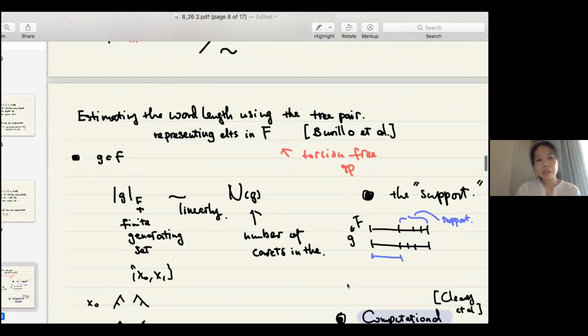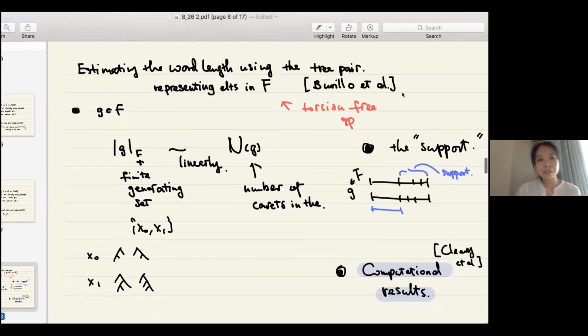I'm going to say a few words about estimation of the word lengths using tree pairs. For the word length, we take an element, which can be represented by letters in the finite generating set of Thompson's group F. In the case of F, this is the standard finite generating set we have.